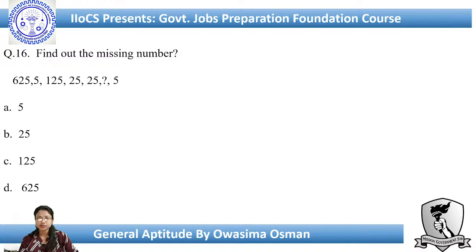Next, find out the missing number in this series. Though this looks like a descending series, it is actually a mix of an ascending series and a descending series, a combination of two series. At first we will separate these two series: 625, 125, 25 and then 5.